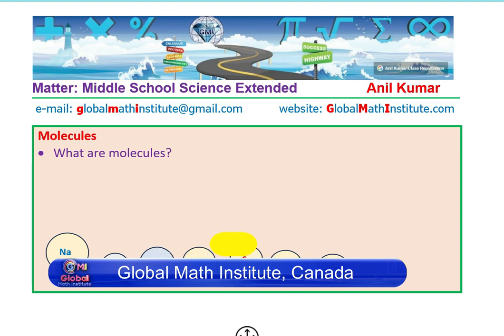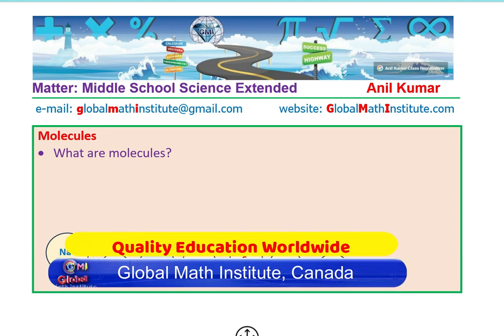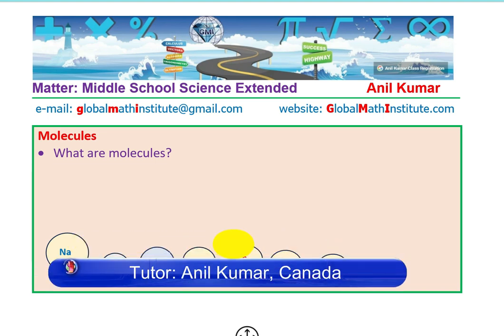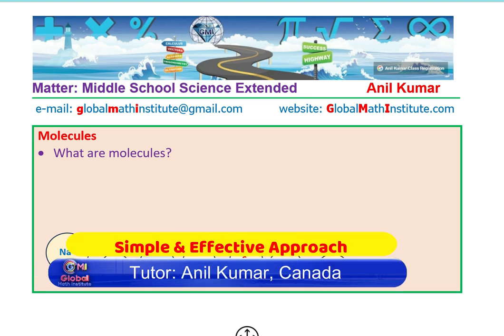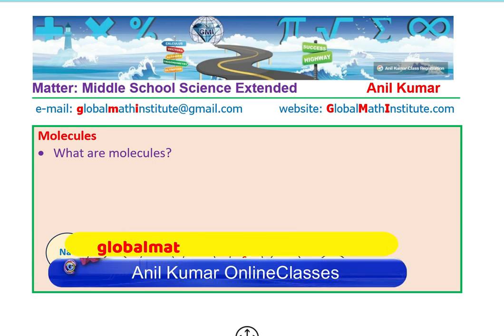Well, as you know, molecules are the smallest particles which participate in any chemical reaction. And these molecules are actually made up of atoms. So, molecules could be formed by two or more atoms, right?